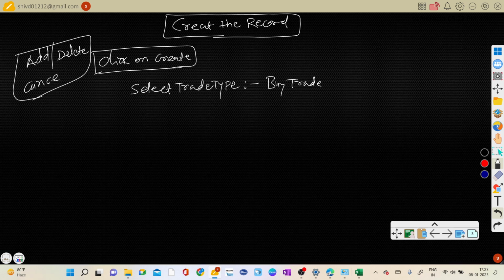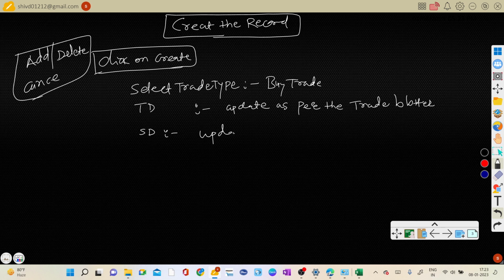Then select the trade date and update it as per the trade blotter. Then the settlement date, again update as per the trade blotter.